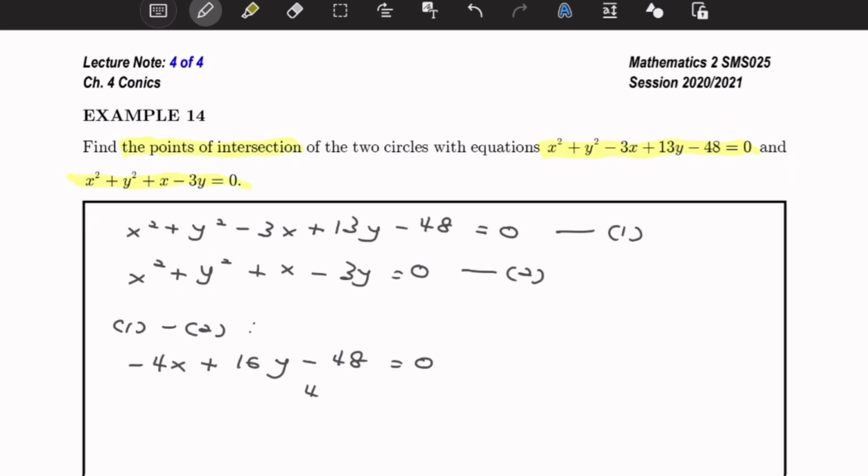So 4x equals 16y minus 48, and x equals 4y minus 12. Let's name this the third equation.